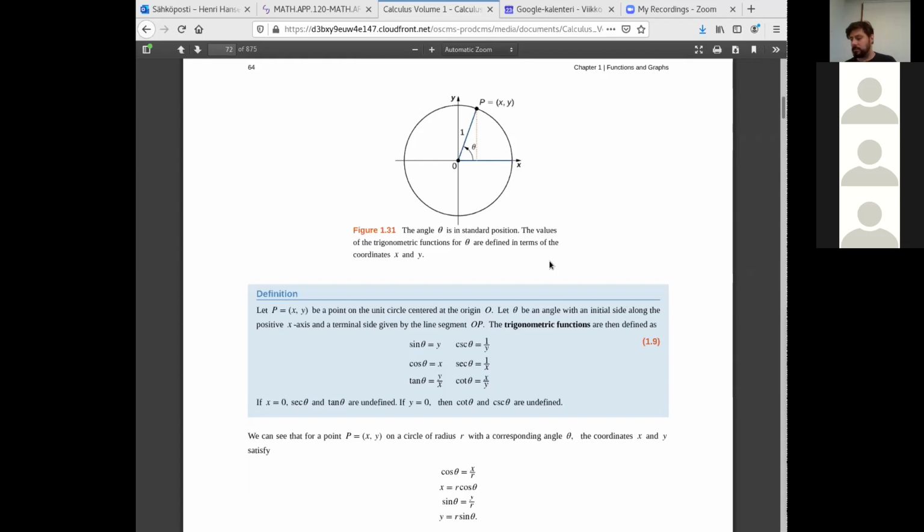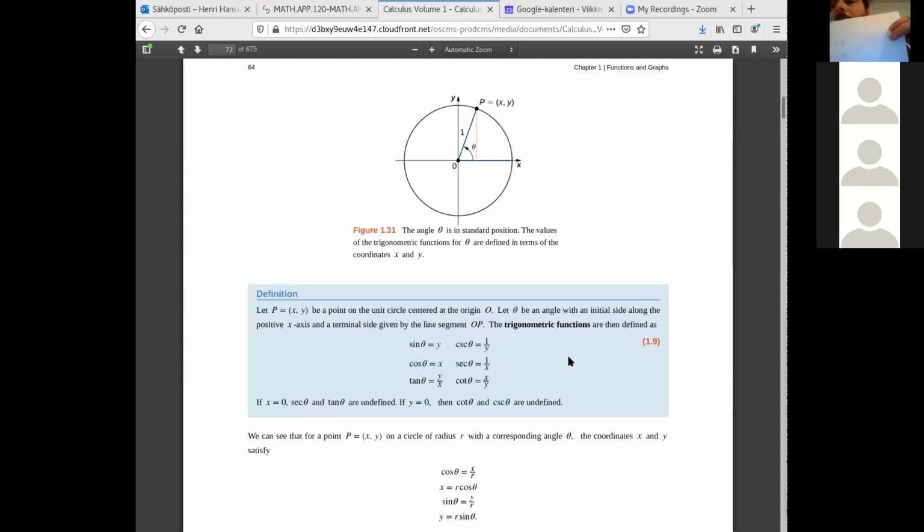I'm going to draw a small picture here. Here's a right triangle with a right angle there. Let's call the sides Y and X, and there's my theta.